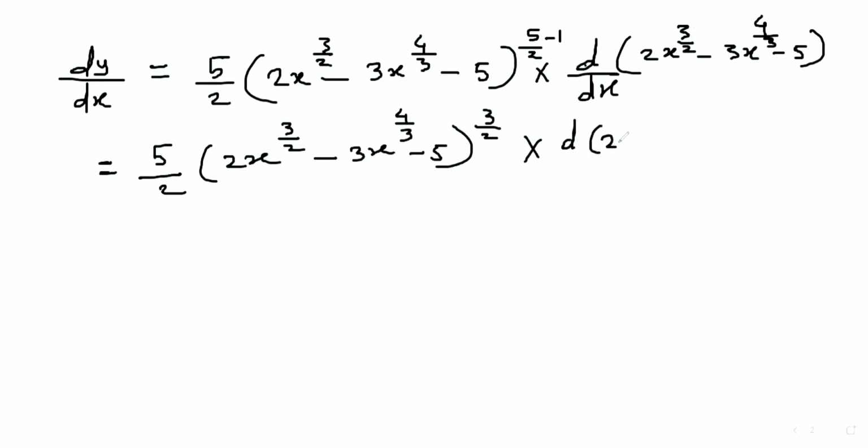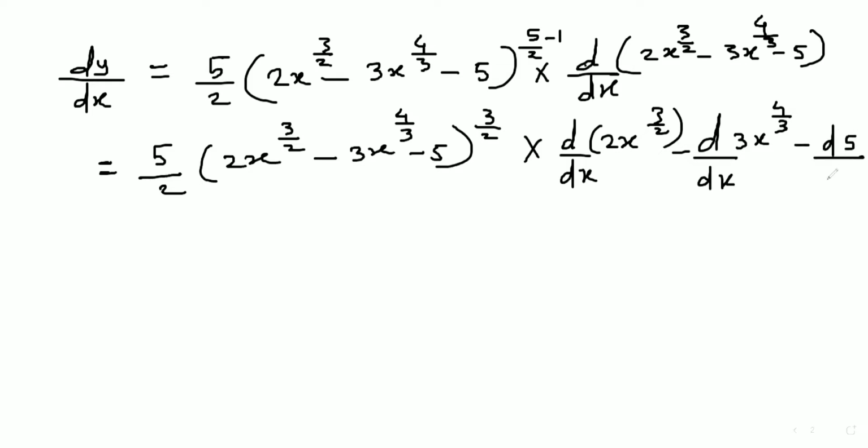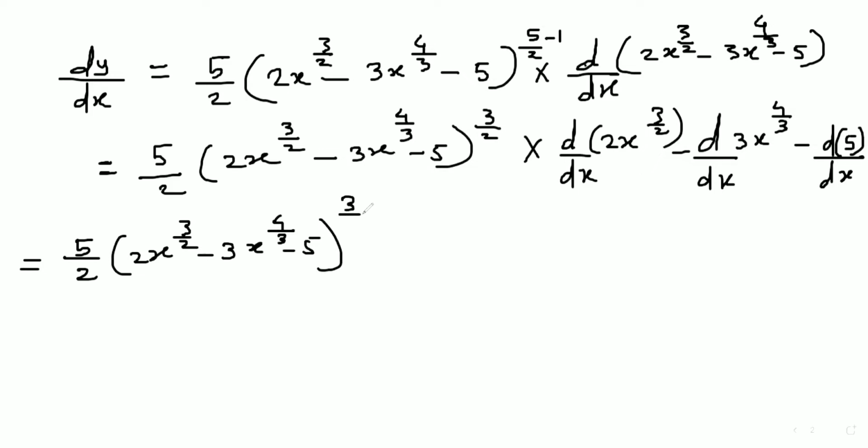So the derivative of 2x raised to 3 by 2 with respect to x, minus the derivative of 3x raised to 4 by 3 with respect to x, minus the derivative of 5 with respect to x. This 5 is a constant. Now in the next step, we are going to find the derivatives. So 5 upon 2 and the function as it is, we have written the first term.